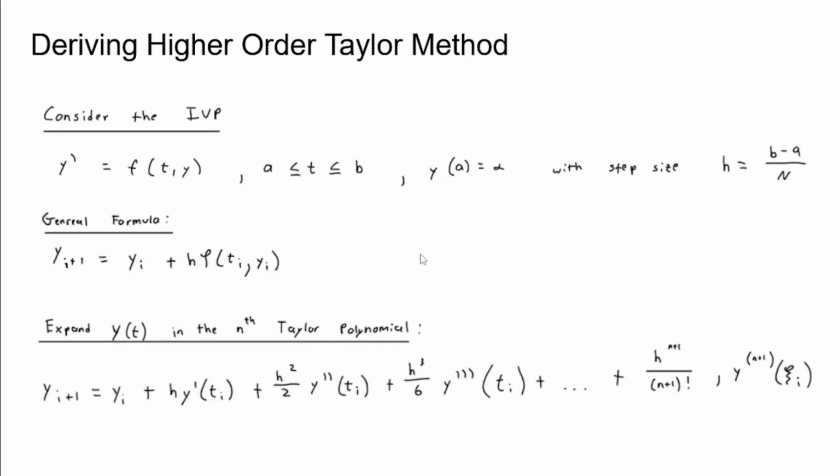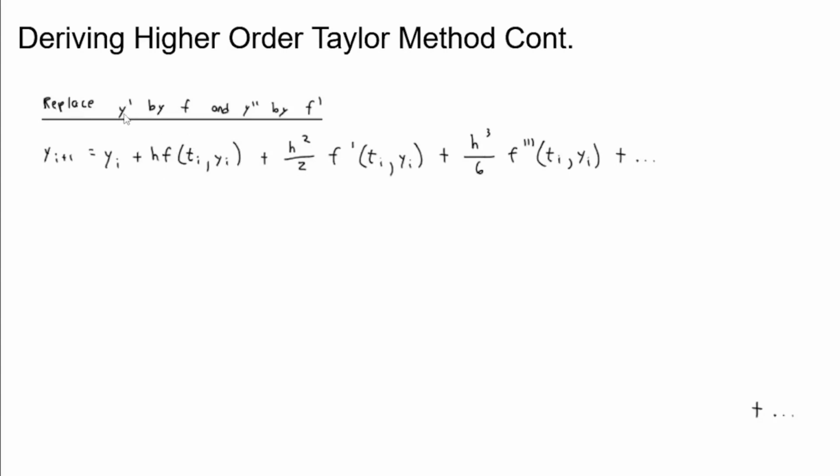We can expand it in the Taylor polynomial to get y_{i+1} is equal to y_i plus h y prime t_i plus h squared over 2 y double prime t_i, etc. We can replace y prime by the function, because the IVP really gives you y prime equals a function. We can replace y double prime by the derivative of that function, and etc.